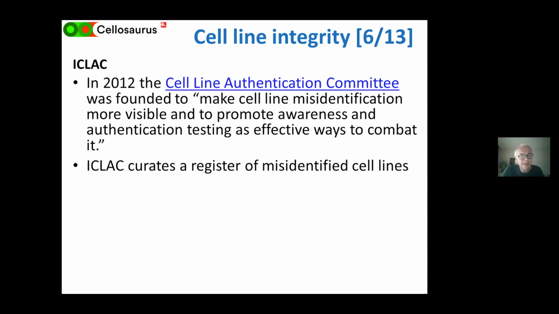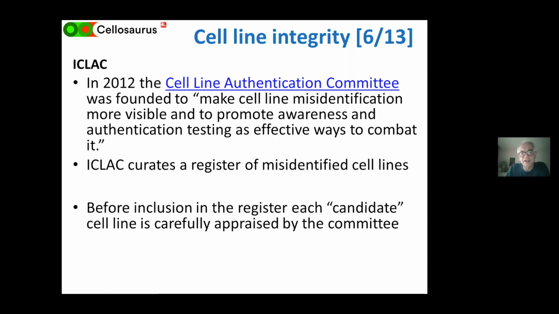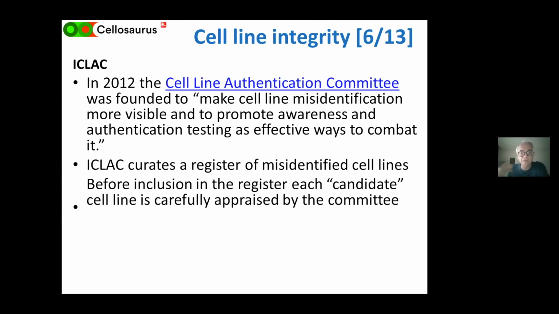So what does ICLAC do? It curates a register of misidentified cell lines, all kinds of cell lines which have problems, the three types of problems I mentioned before. But before being included, it needs to be carefully appraised by the committee. Each cell line is seen by the committee members, who look at the information available to them.